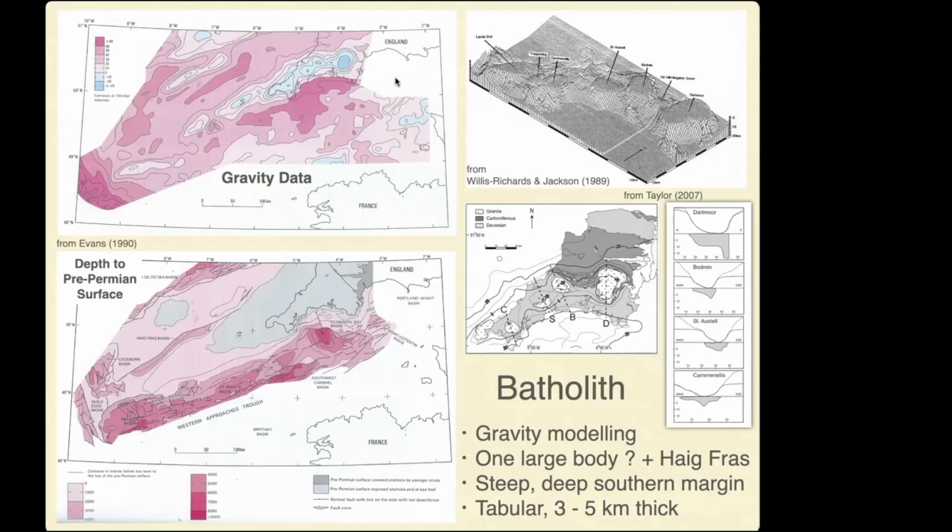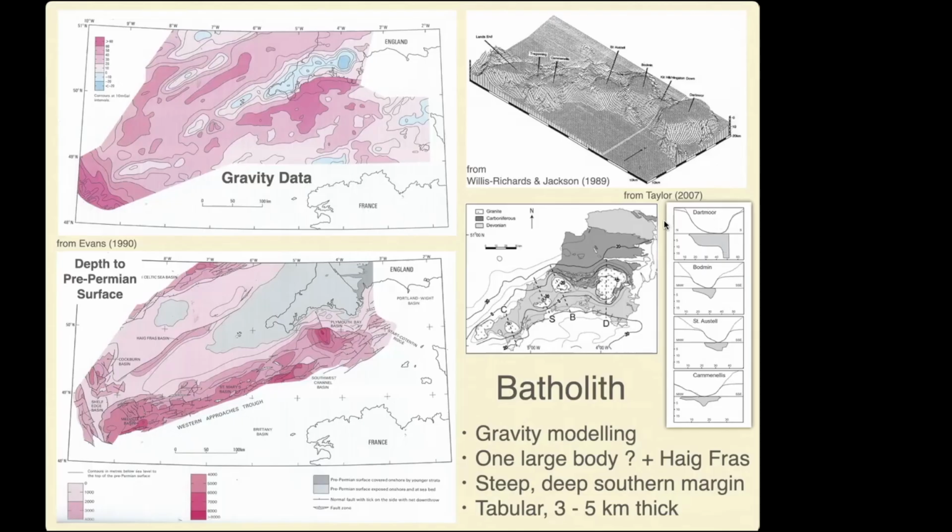This is a model of it going all the way down and all the way offshore. But the gravity modelling shows that they don't just go down forever. They are slabs. It's a slab of rock within the crust. And this is the south and that's the north on these diagrams.